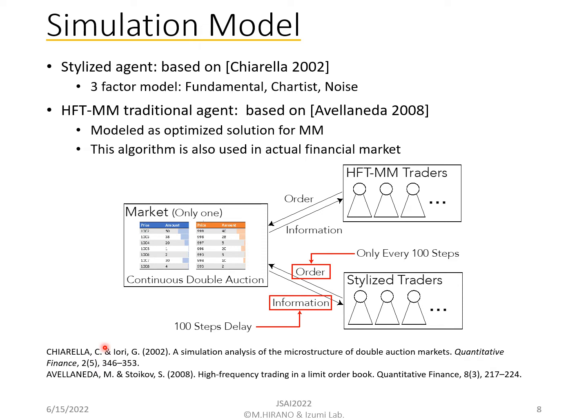In this simulation, we also employ order delay and information delay for the HFTMM trader, because usually HFTMM traders publish their orders very fast and get their information also very fast. To realize this feature, we employ order delay and information delay. So using this simulation, as a next step, we compare the HFTMM traders' behavior in the simulation and in actual data.